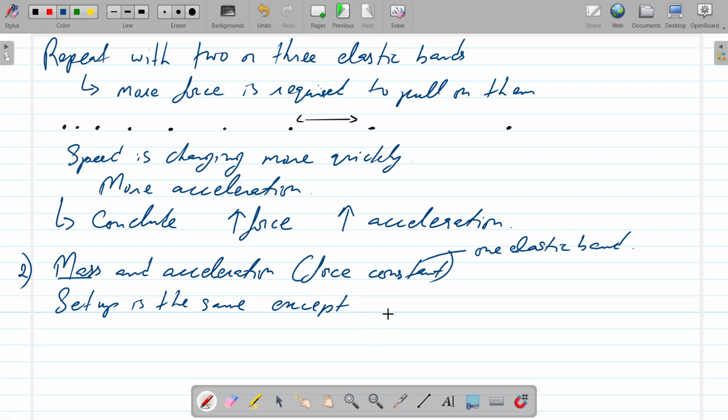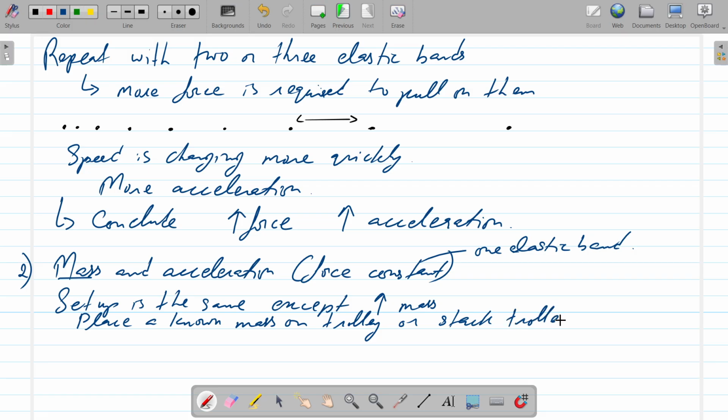But what you're doing is that you are increasing the mass. So you can either place a known mass on top of the trolley, or you can stack two trolleys on top of each other. Whatever the case is, the mass is increasing as compared to the first setup with one elastic band.